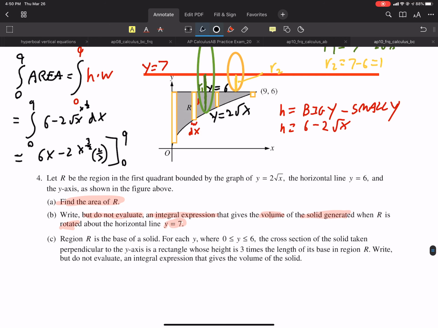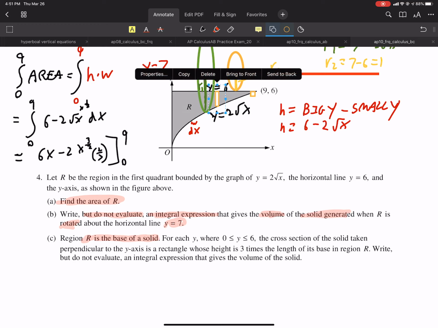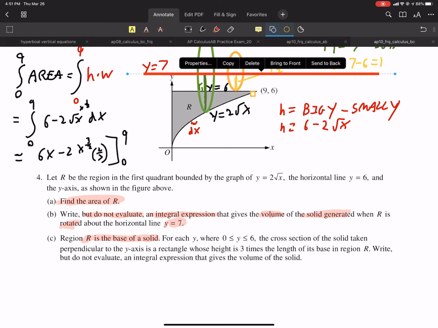All right. Part C. Let's look at that. So R is the base of our solid. So that's like the floor of our building. So that region is the floor of our building. Let's get rid of some of this stuff we don't need. I don't need that, or that, or that, or these circles.